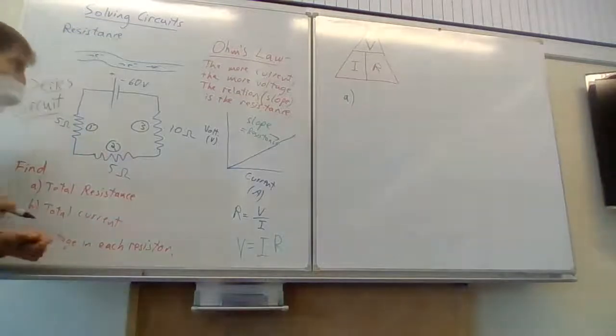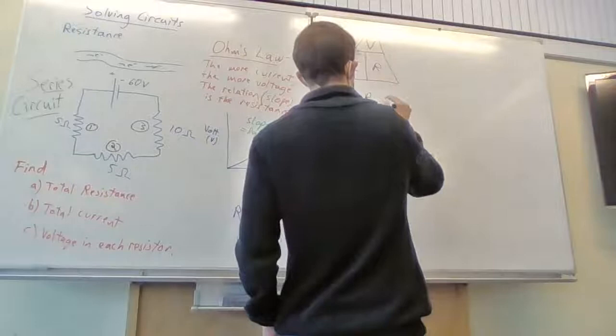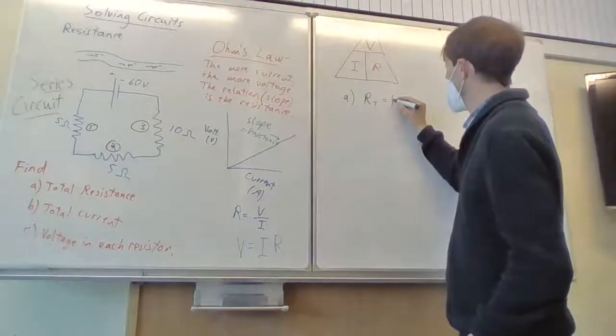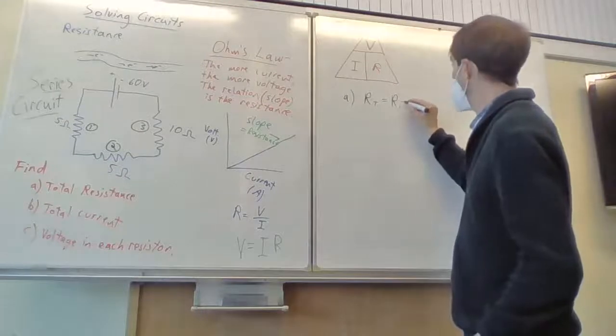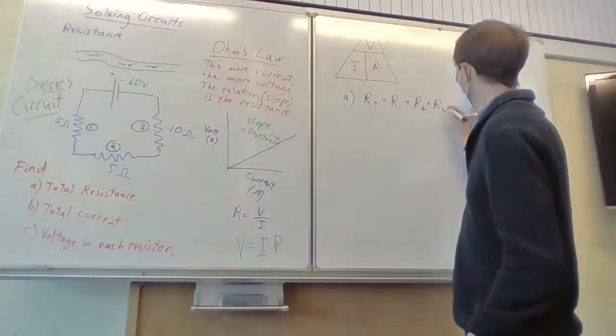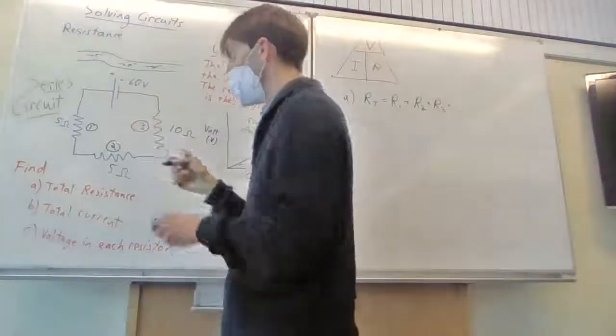I add them up. So to get the total resistance, I'm going to give it an equation first. If it's a series, like this one is, I take the resistance 1, plus 2, plus 3, plus however many I got. Here I only got 3, don't I? So 1, 2, 3.